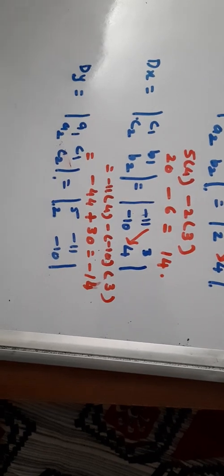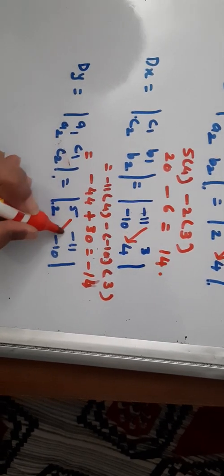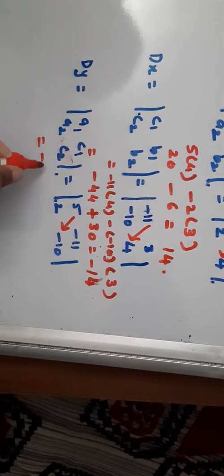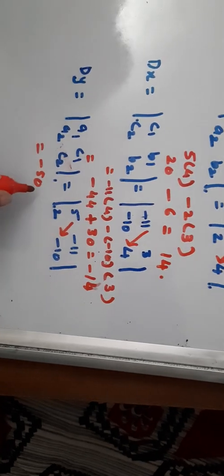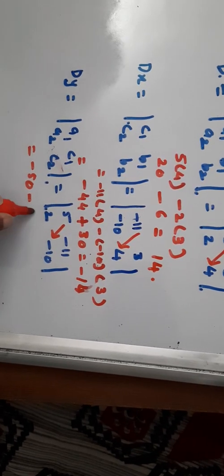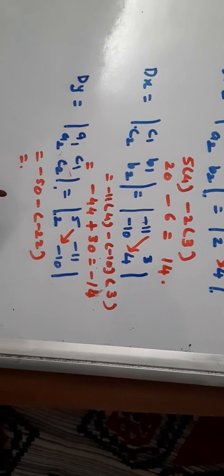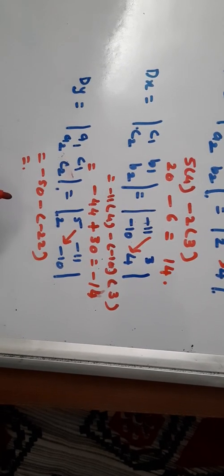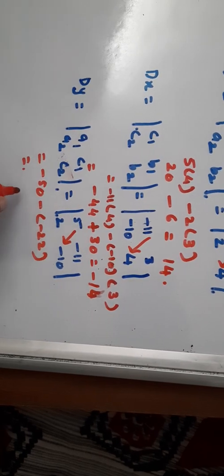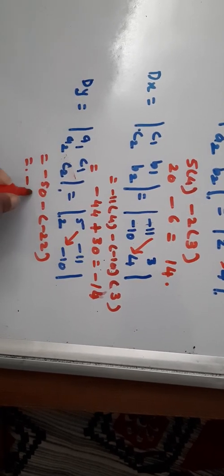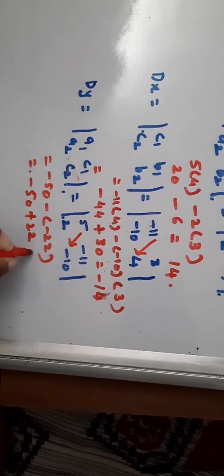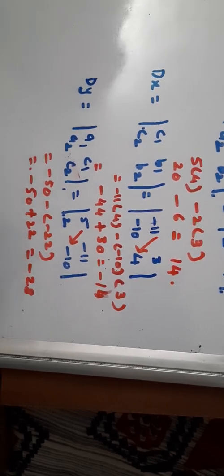Again multiply. I'll do it directly now. 5 tens is minus 50, minus of minus 22, so minus 50 plus 22 is equal to minus 28.